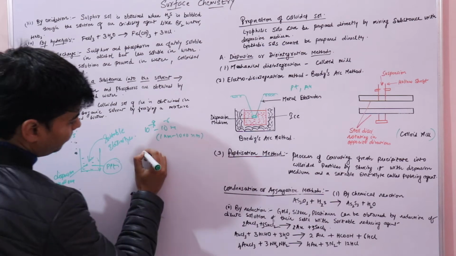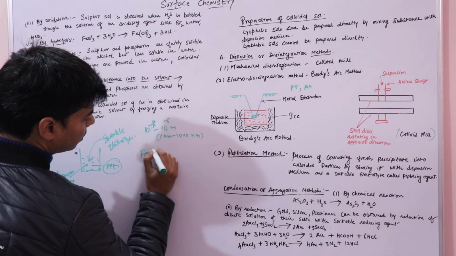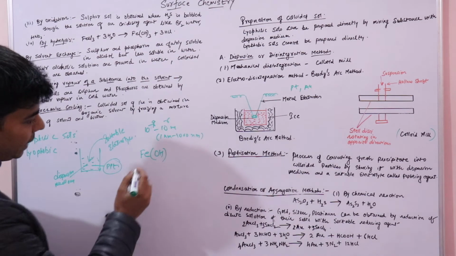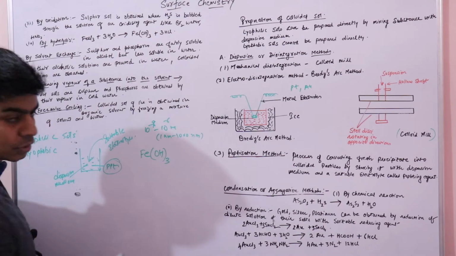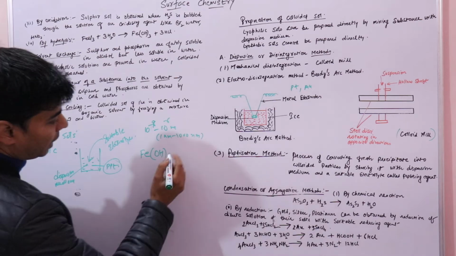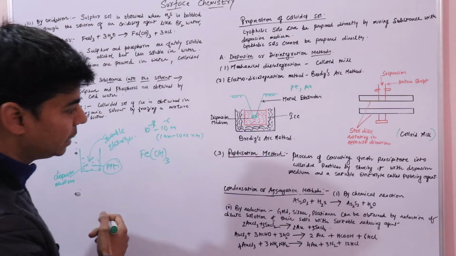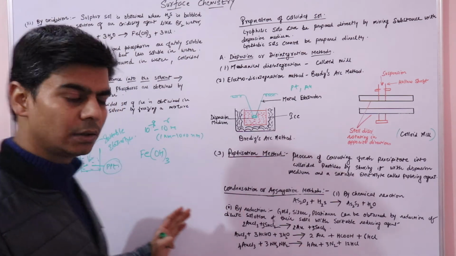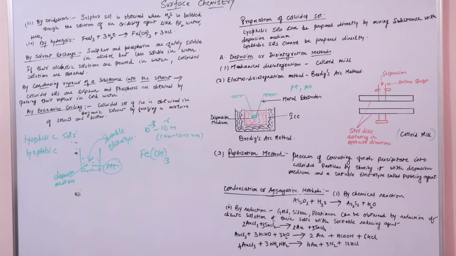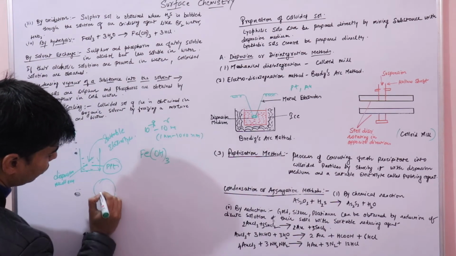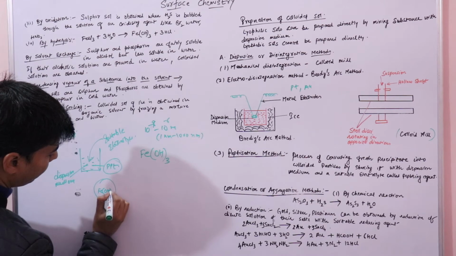Now let's take an example. You can break the precipitate of ferric hydroxide into particles of colloidal range by shaking it with the dispersion medium and the ferric chloride solution. The electrolyte here is ferric chloride. Let's say this is your Fe(OH)3.